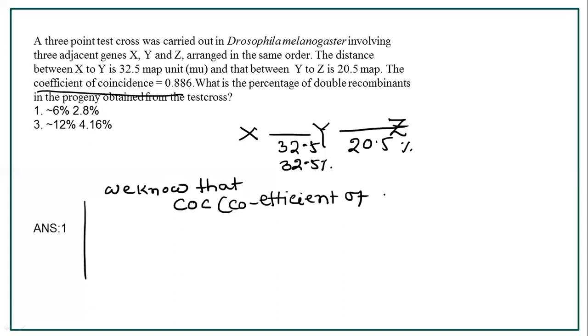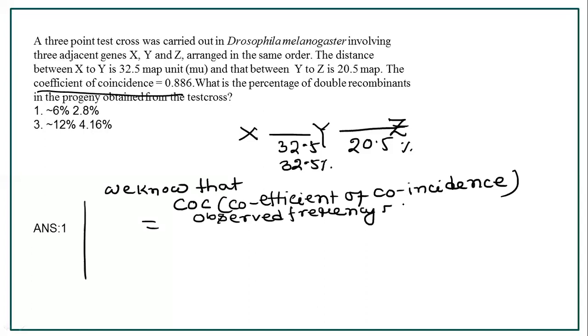Coefficient of coincidence, or COC, equal to observed frequency of DCO by expected frequency of DCO. That is, observed frequency of double crossover by expected frequency of double crossover.